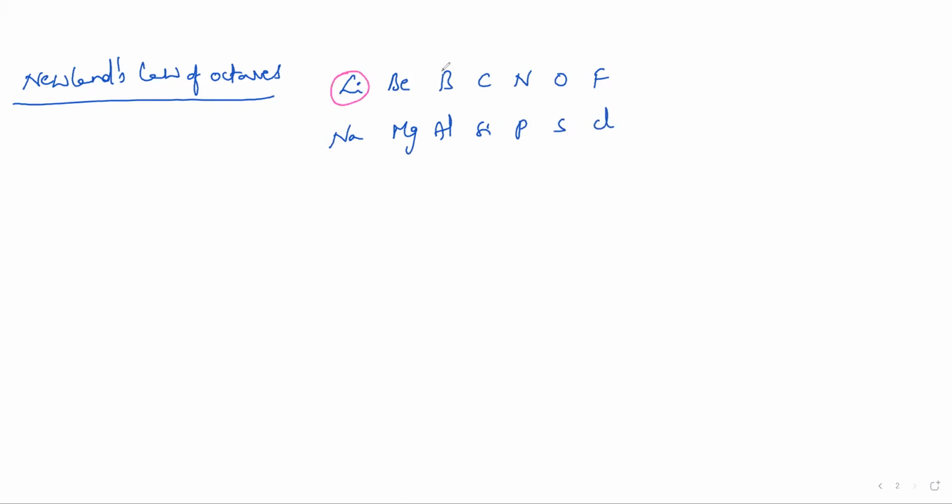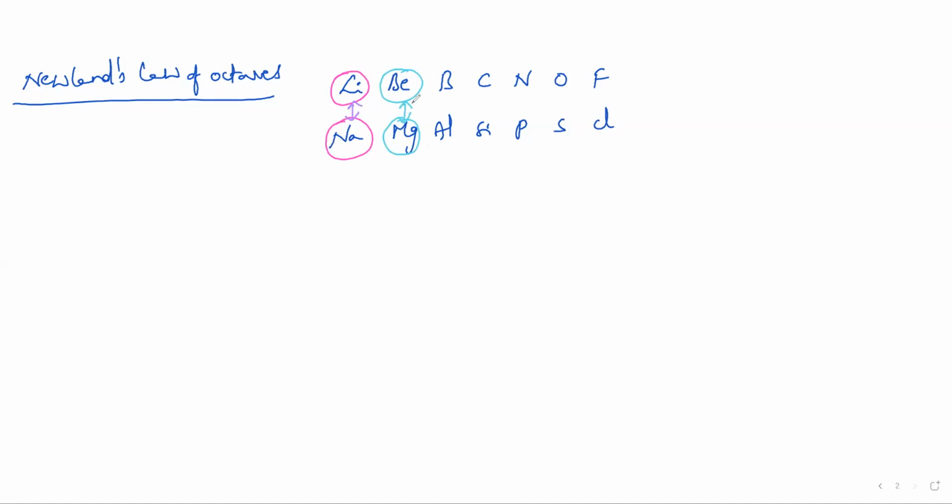So this is the first element. 1, 2, 3, 4, 5, 6, 7, 8. Now this is the eighth element. Which is the eighth element? Sodium. Now these two will exhibit similar properties. If you start from beryllium, the eighth element will be magnesium, so these two will exhibit similar properties.